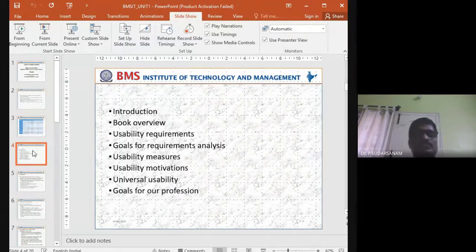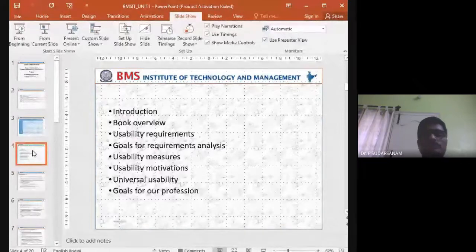Here is the first chapter we'll be having. This is the syllabus in the first unit, covering 50 to 70% of the first unit. Introduction, book overview, usability requirements, goals for requirement analysis, usability measures, usability motivations, how we'll be motivating that.